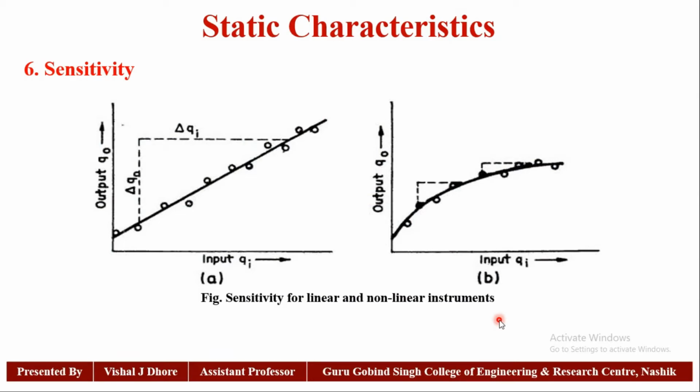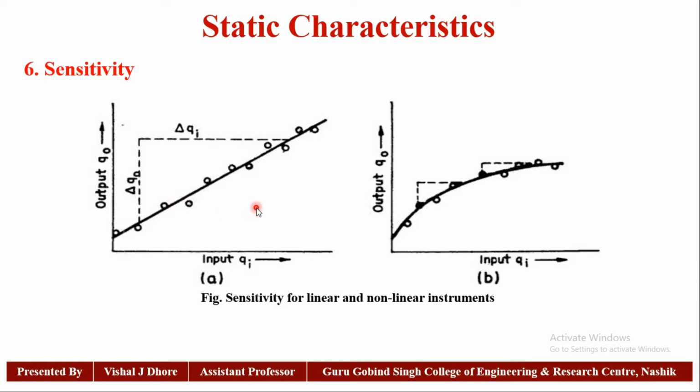If the input-output relation is linear, as in figure A, the sensitivity will be constant for all the inputs. From this graph we can observe the sensitivity is linear. So this is the linear sensitivity of the instrument.